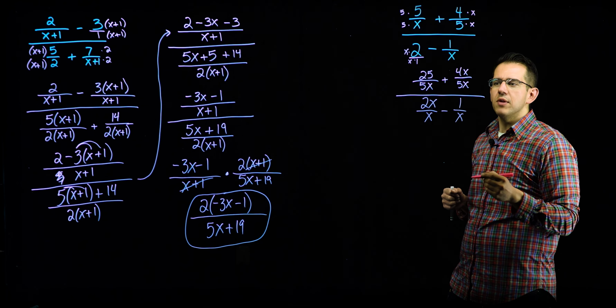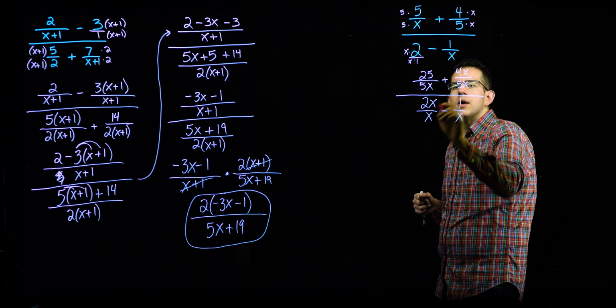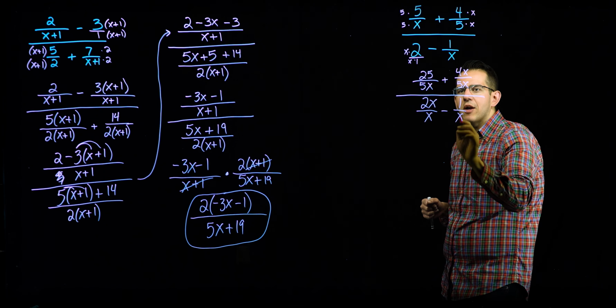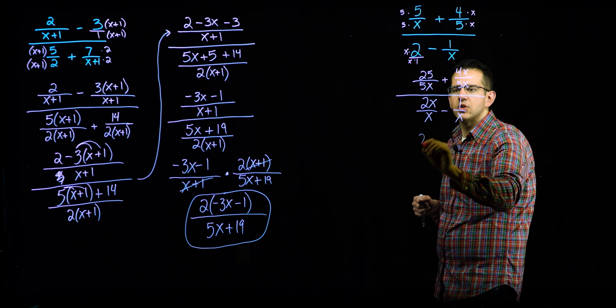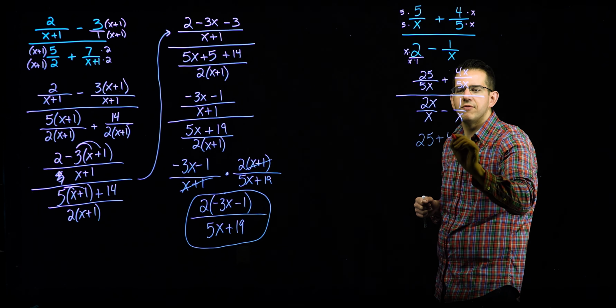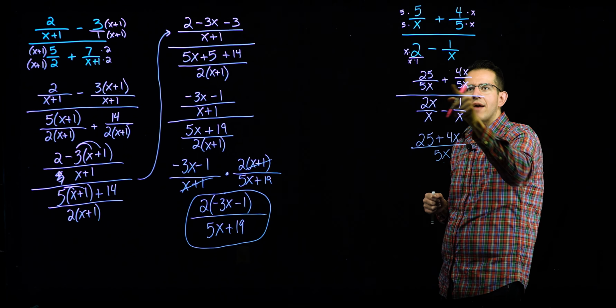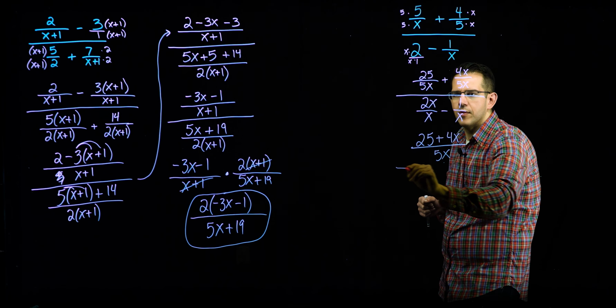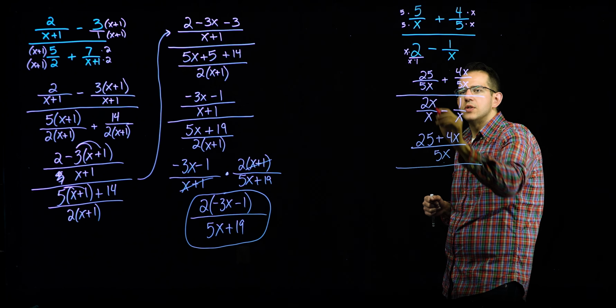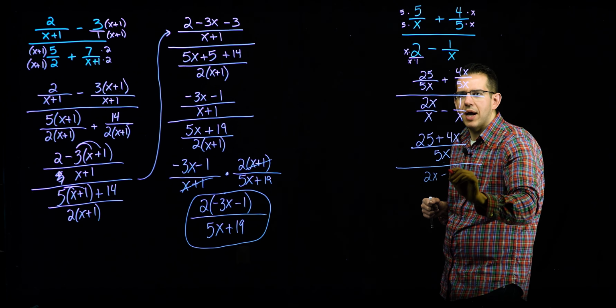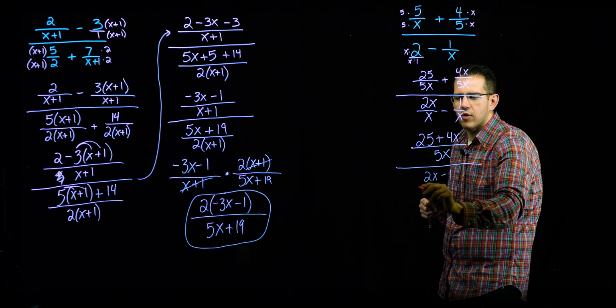We can then simplify by combining our fraction pairs in the numerator and denominator to get 25 plus 4x over 5x, since we now have a common denominator, all over 2x minus 1 over x.